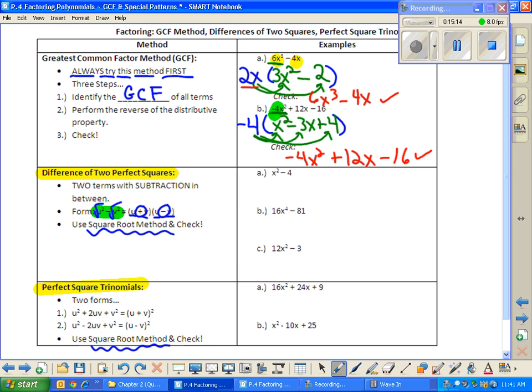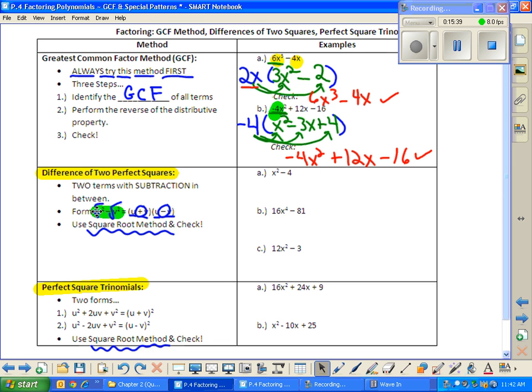So for instance, part A, x squared minus 4. You've already seen that problem today. Where'd you see it? X squared minus 4. You handled that already today. I like how some of you are flipping back, looking around a little bit. X squared minus 4.